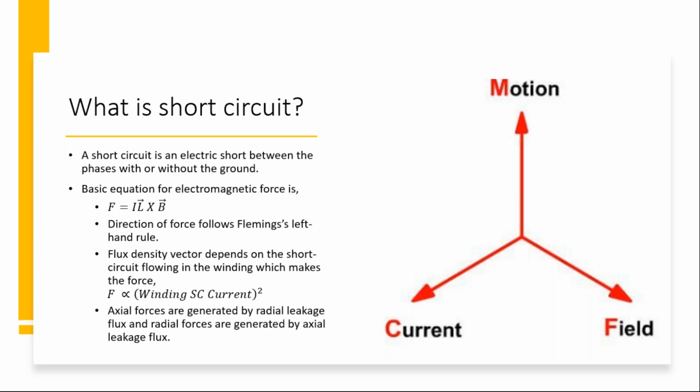So the force can be very high, and the short circuit current normally ranges from say 12 times to 15 times the normal rated current, and it varies with the system point of view and design parameters. Now, how this affects various constructions, Parminder will explain.